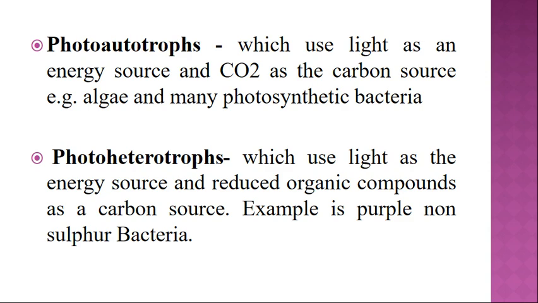So the word itself defines the meaning. Photoautotrophs are those microorganisms which use light as a source of energy and carbon dioxide as a source of carbon. Algae and photosynthetic bacteria are the best examples of photoautotrophs.